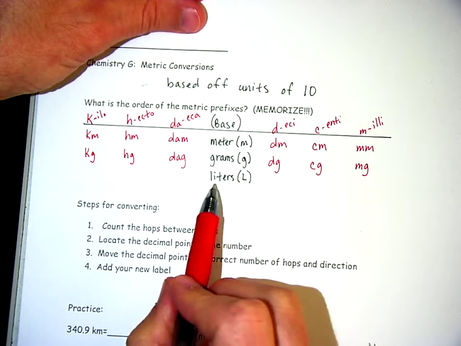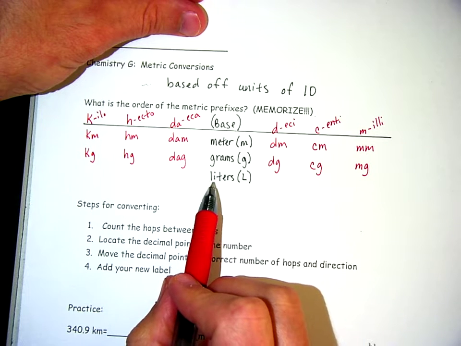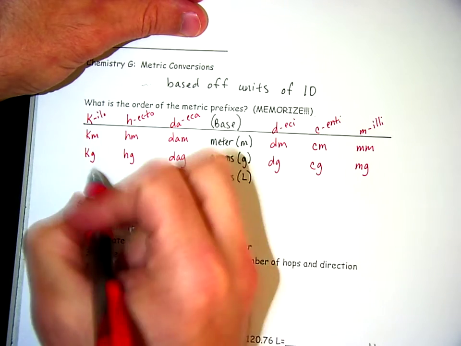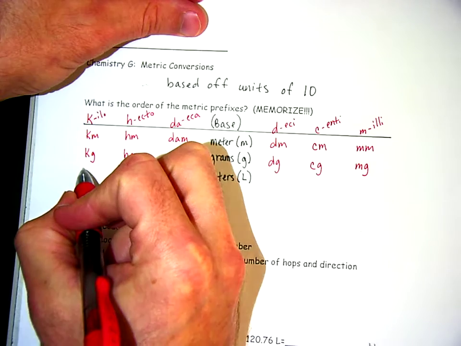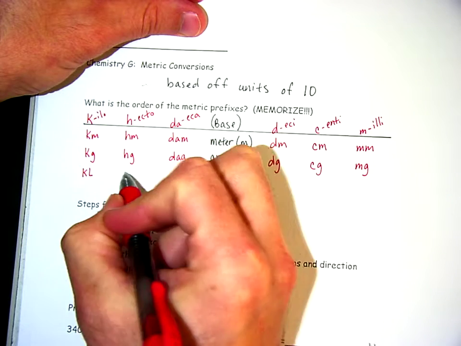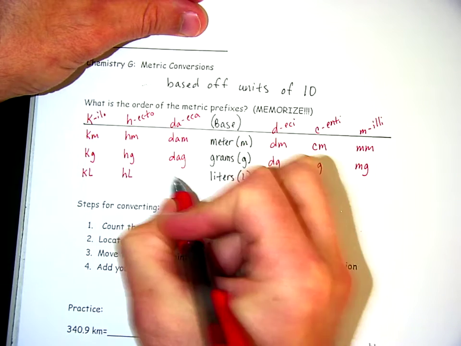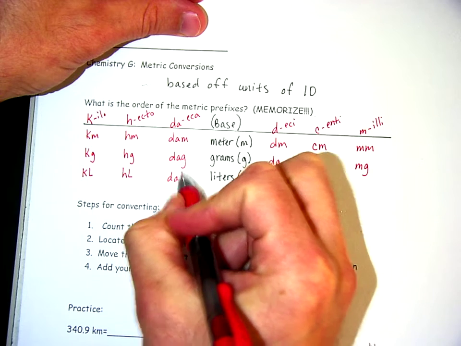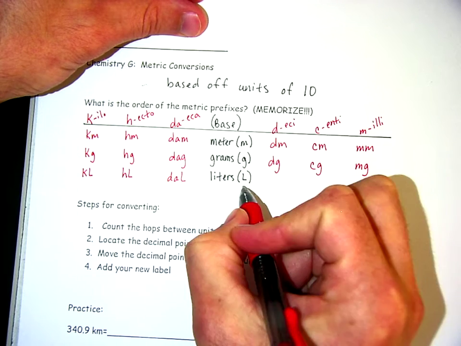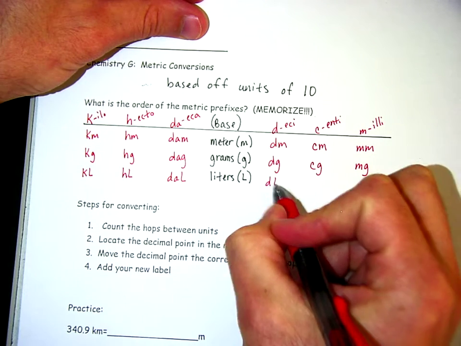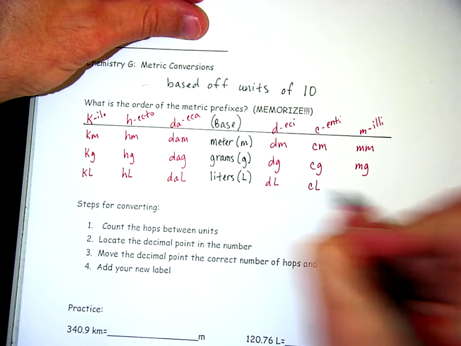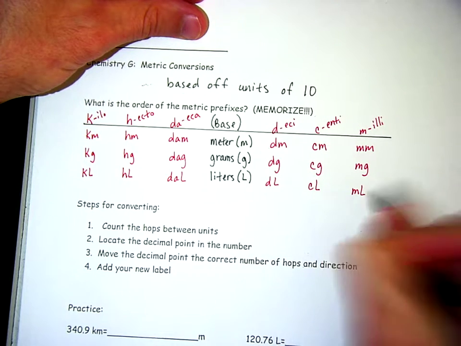And moving on to our unit for volume, we'll have our largest volume be a kiloliter, then a hectoliter, a decaliter, then the liter, our base unit, and a deciliter, centiliter, and a milliliter.